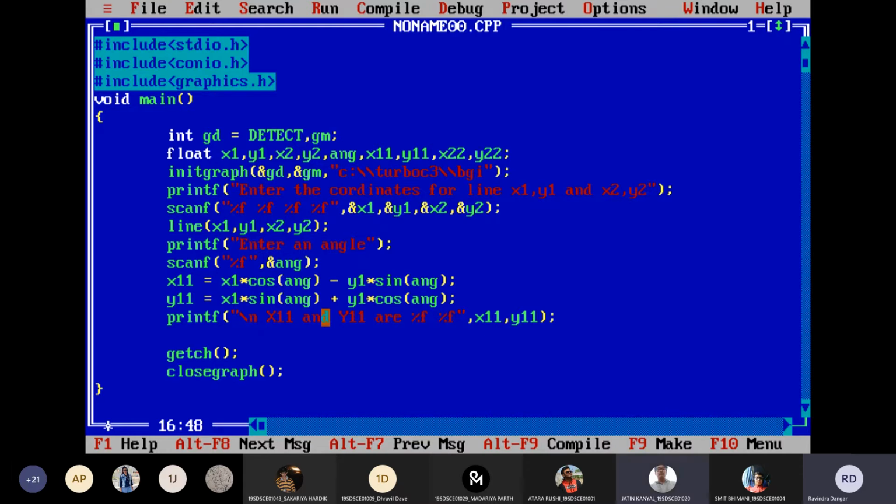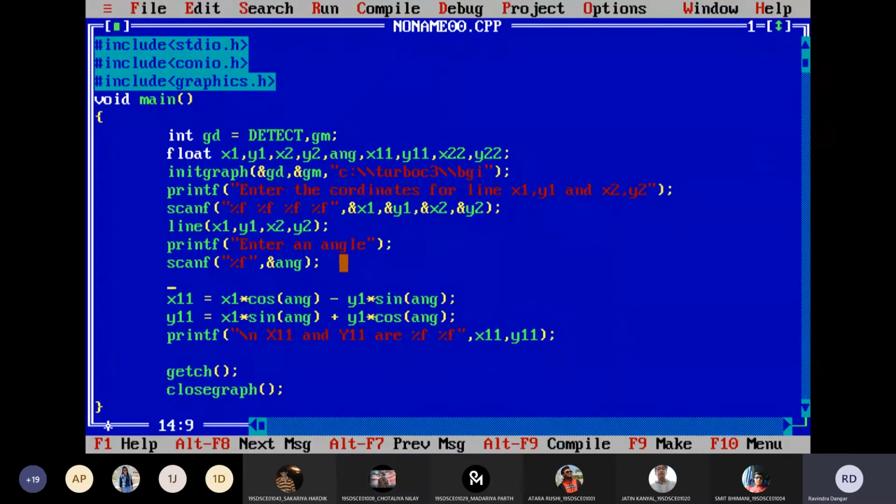Minus 100. Yes, it is not plus 100. Because cos 90 will be 0, so this entire term is 0. Here sin 90 is 1 and y1 is 100, so minus 100. And for y11, it is 100 only. Correct.